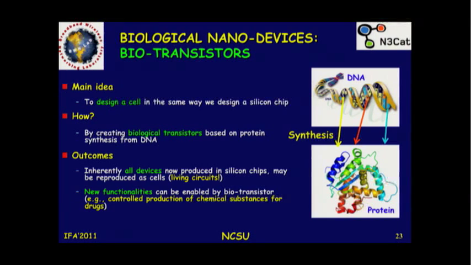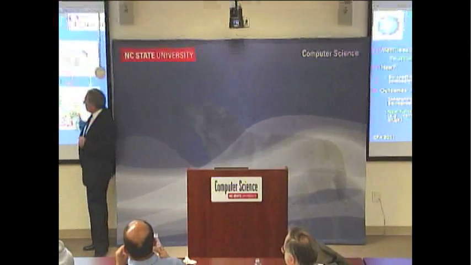Okay, the main idea is to design a cell in the same way we design a silicon chip. Okay, so now can we create these biological transistors like these here, based on protein synthesis from DNA? So like you see these DNA strands here. So now somehow we will synthesize these and then create these proteins. Okay?